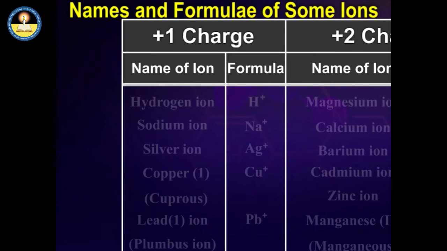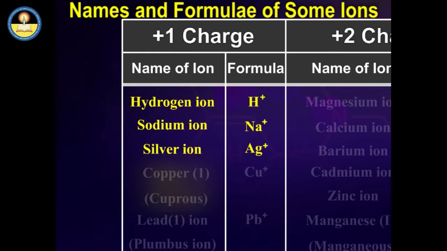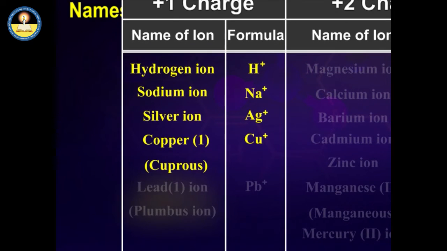The monopositive ions having charge 1 are hydrogen ion, represented as H positive, sodium ion, represented as Na positive, silver ion, represented as Ag positive, cuprous ion, represented as Cu positive, lead ion or plumbous ion as Pb positive.